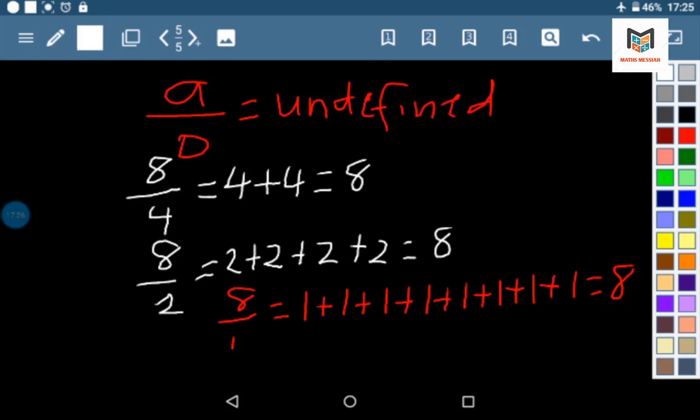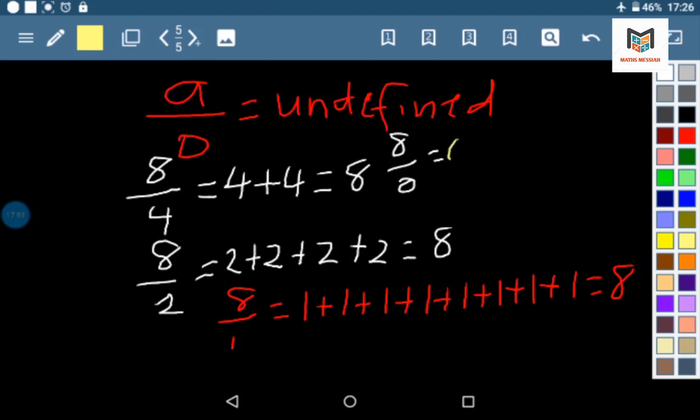Now we move on to the final one, which is 8 divided by 0. So we are going to add zeros to get 8. And can adding zeros give you 8? So let us see.